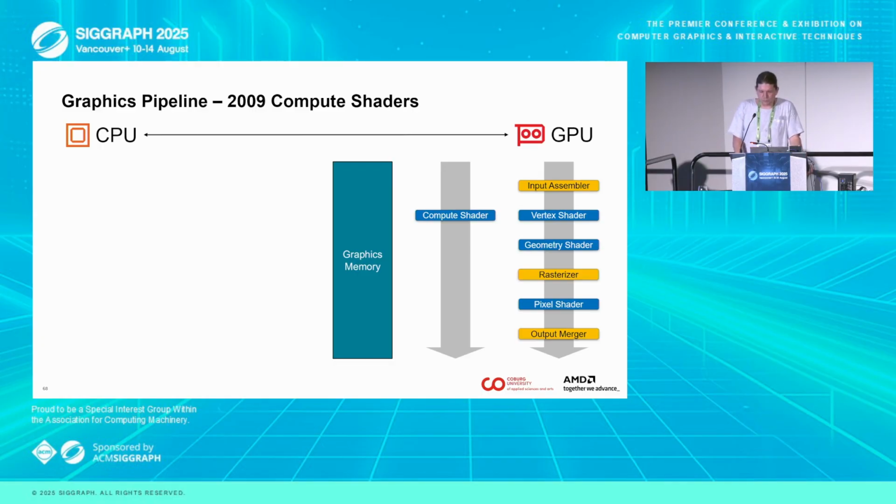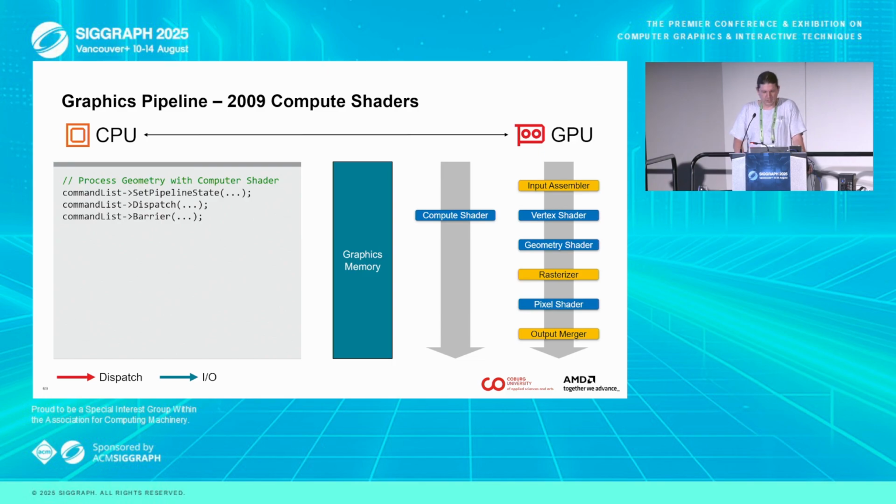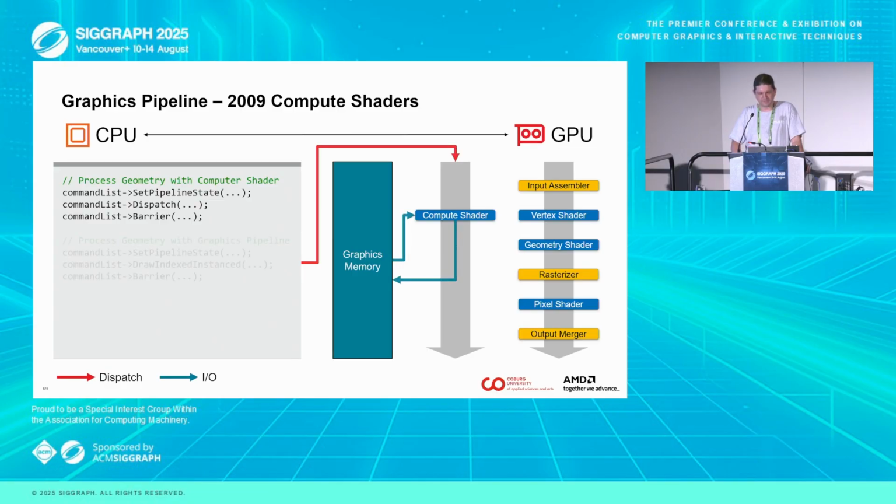So, what were we able to do with compute shaders? Let's consider the following problem here. You have a bunch of objects, let's say 10,000, and you would like to render them. And obviously, you will probably not see all 10,000 objects. You might want to cull a bunch of them. So you would have a compute shader that would, hopefully in a parallel fashion, determine what object is visible and what not, and then write out the visible set into graphics memory.